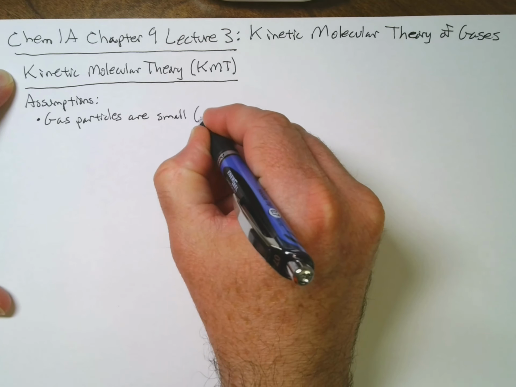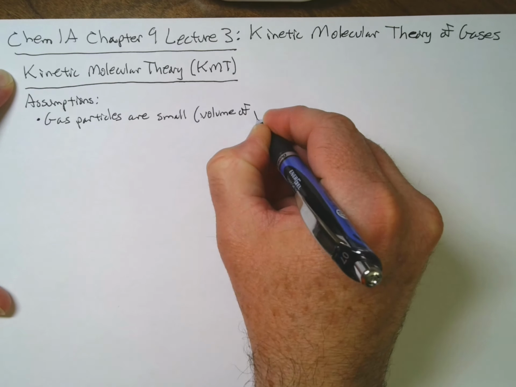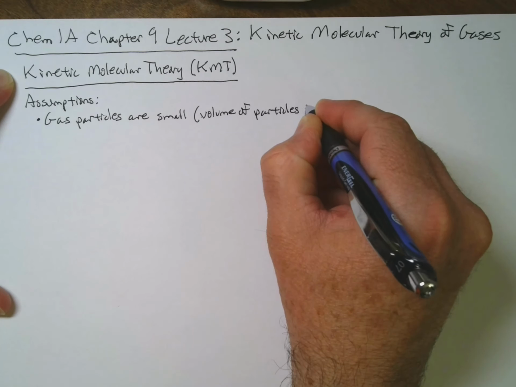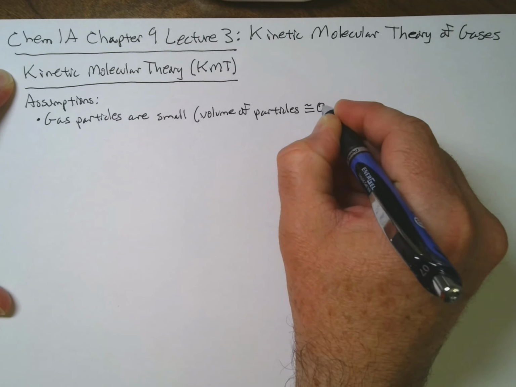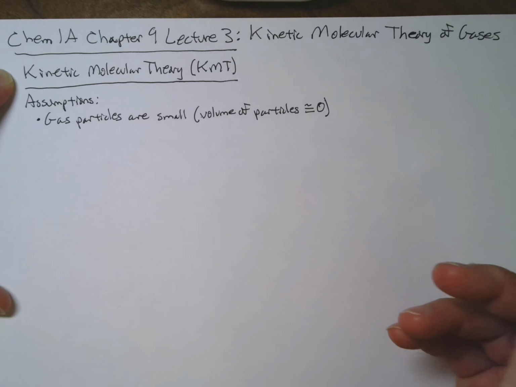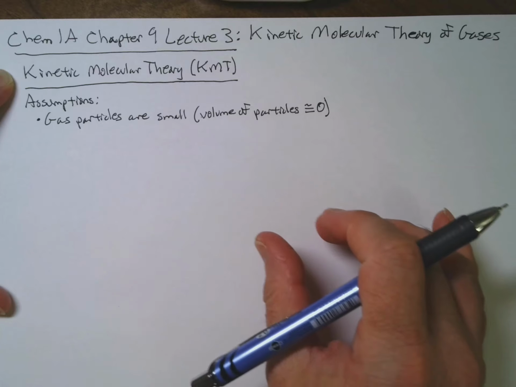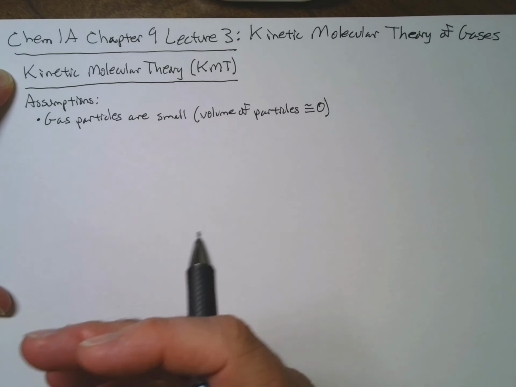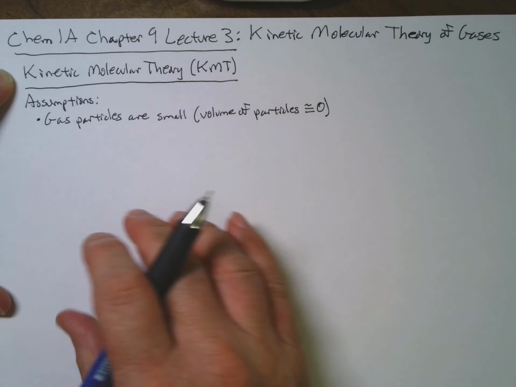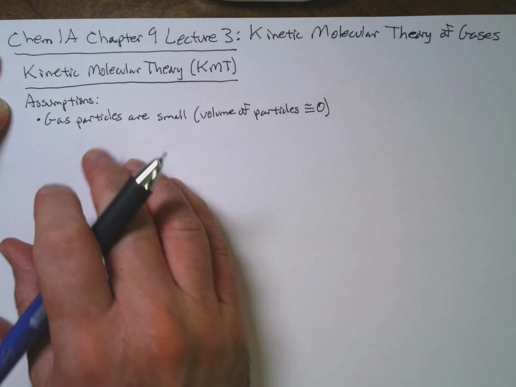So we'll say the volume of particles equals approximately 0. Now, of course, if we took all of our gas molecules and put them in one corner of the room, we would soon see that yes, they actually do take up volume, but our assumption is that the particles are small.